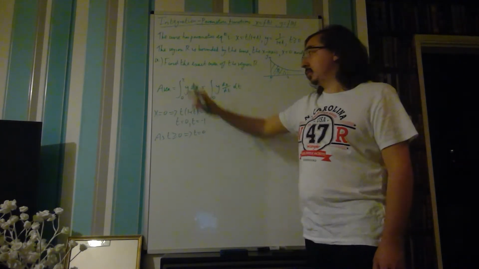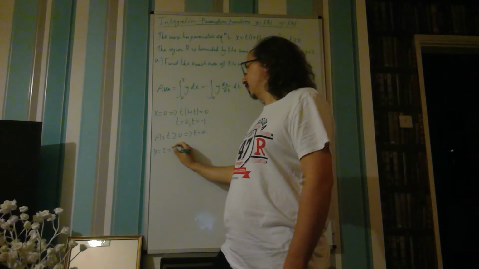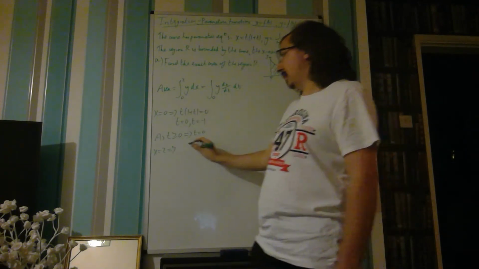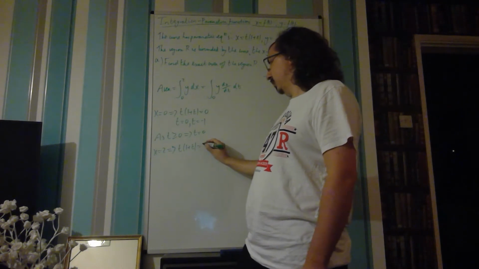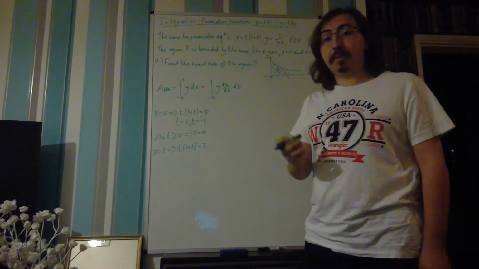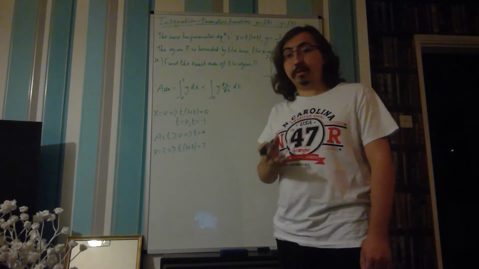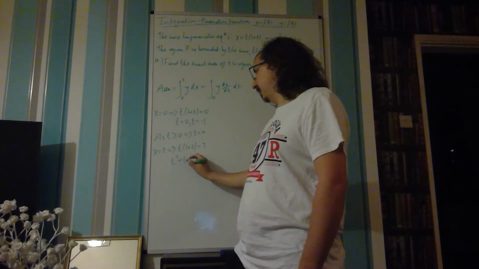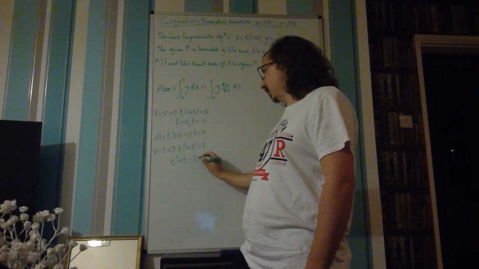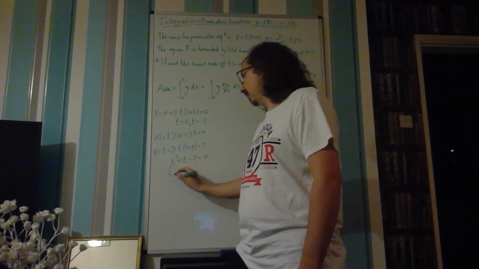Similarly then, we also need to say when x is equal to 2, and we're going to set our expression, so t times (1 plus t) is equal to 2. Now this is a little bit more complicated because we do actually have to expand here and make it into a quadratic. So we've got t squared plus t minus 2 is equal to 0, which we can then factorise.